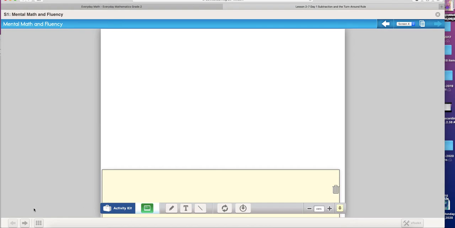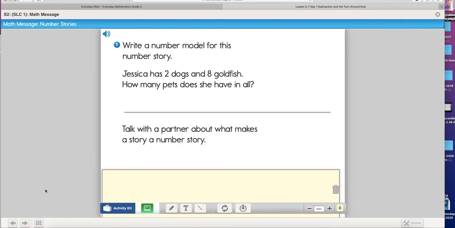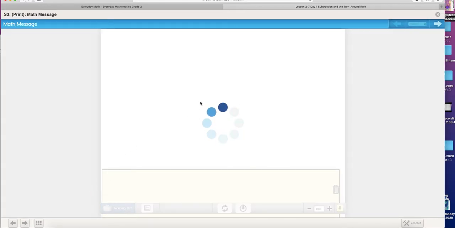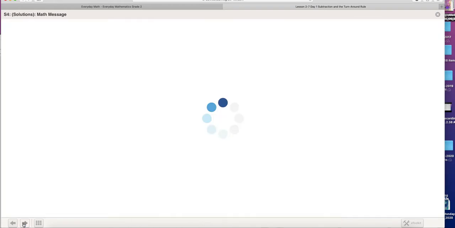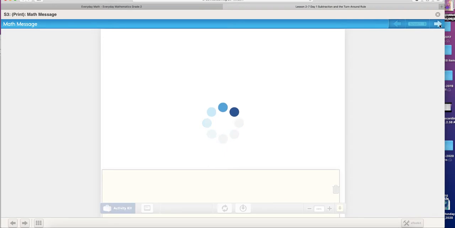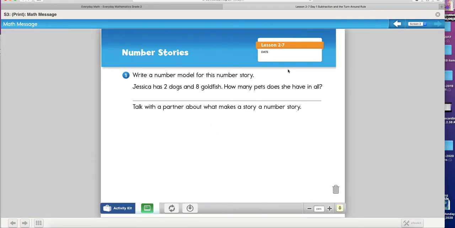It's going to look like this. Oops. There. Looks like this. Page 31.